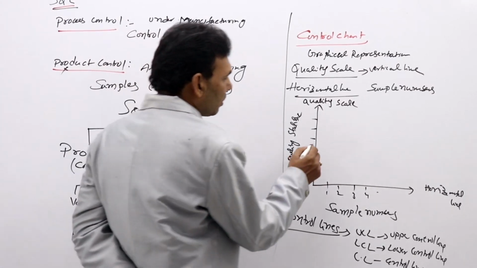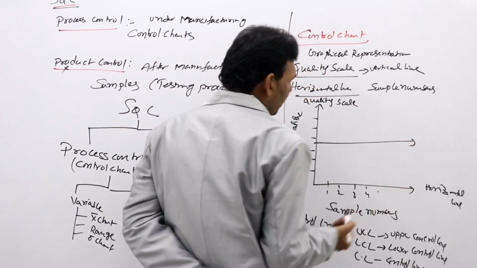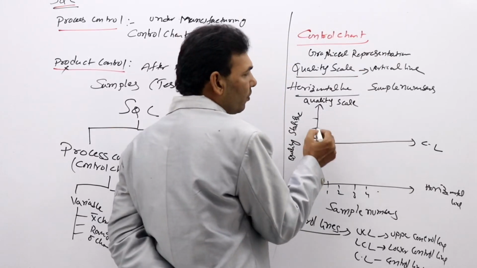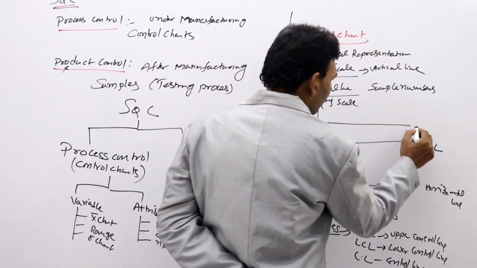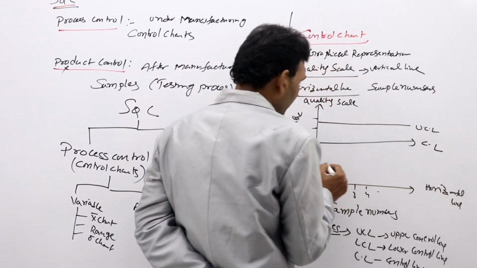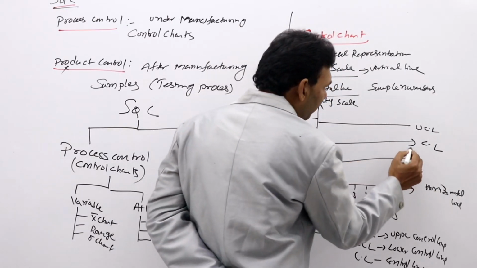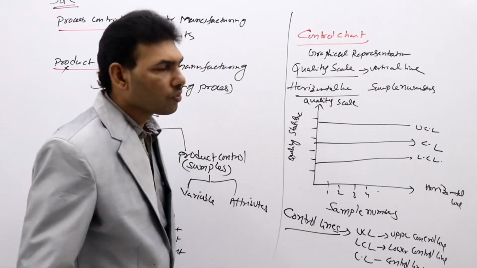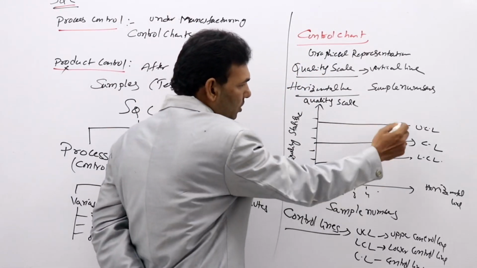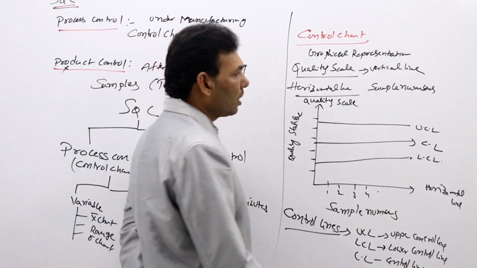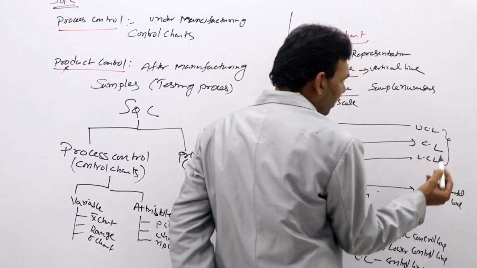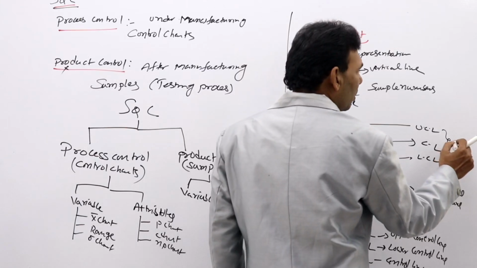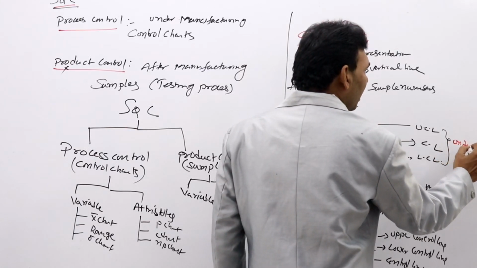The control line, CL, is generally in the middle. The upper control line, UCL, will be above the control line. The LCL will be below the CL. Now, if you draw the control chart with the given data and you get the chart in between UCL and LCL, then the process is under control.